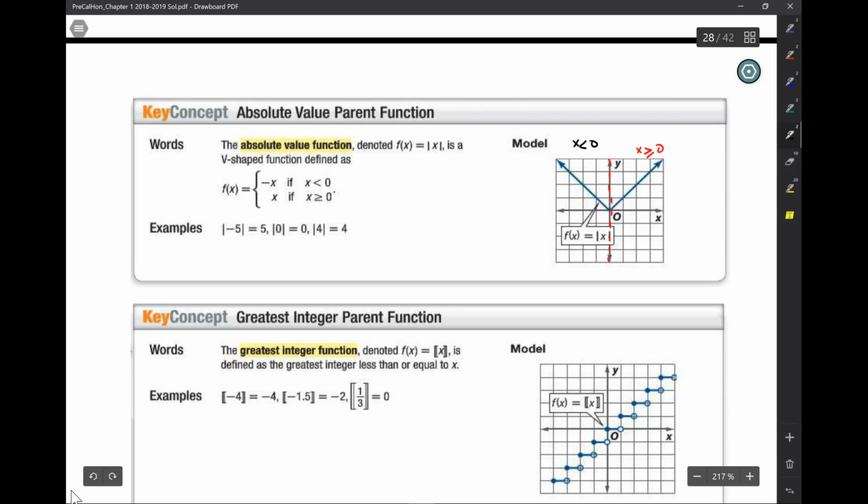In the region where x is greater than or equal to 0, take a look at what is being graphed. That's y equals x. In this region, take a look at what's being graphed. y equals negative x, right? So that's what it looks like.